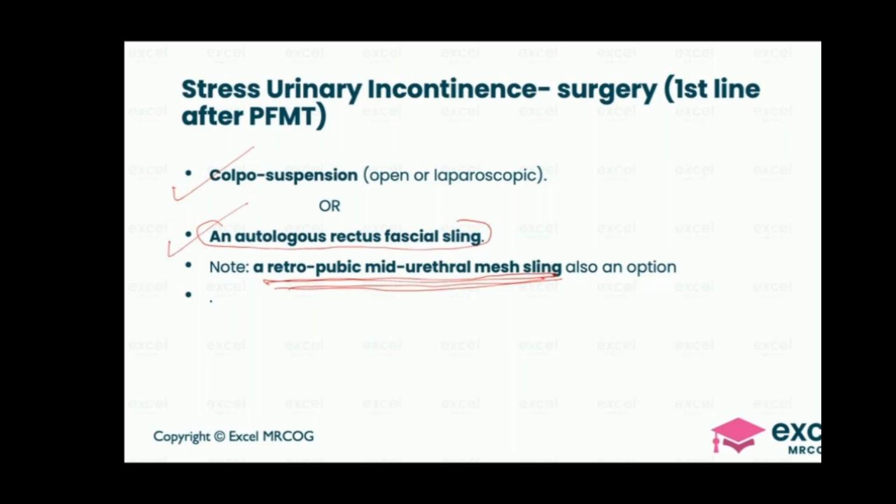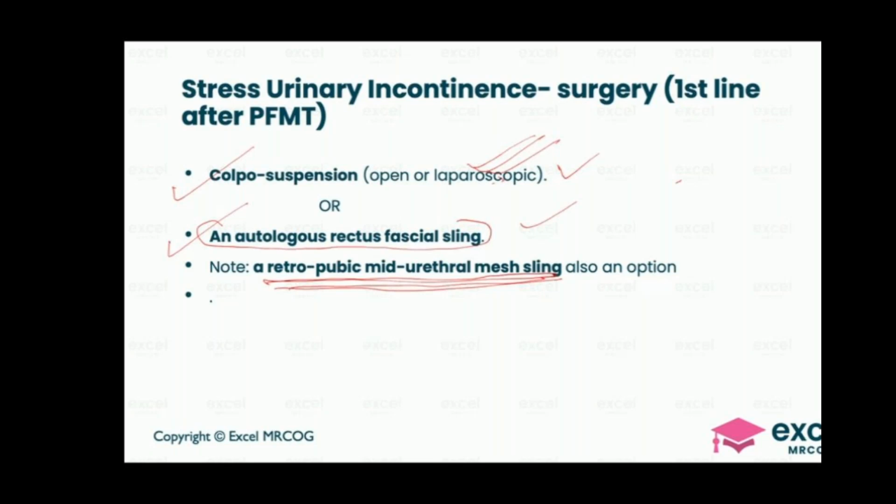Now, how to choose between these two? Because there is no definite option that is always preferred. Now, if you have pure SUI, then you can do a laparoscopic colposuspension because it is associated with a quicker recovery if it is done laparoscopically.